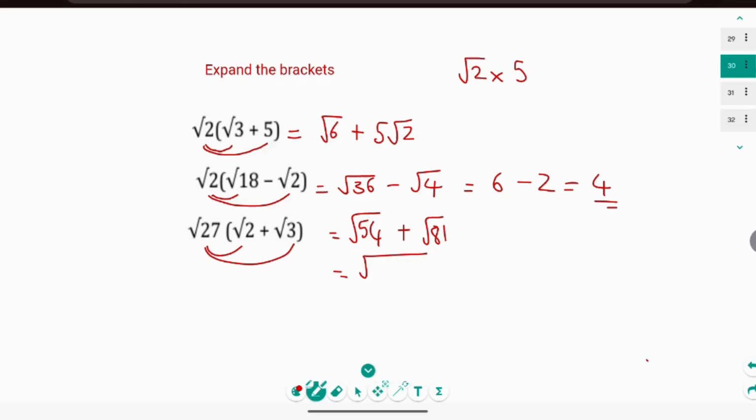So I can split 54 into the square root of 9 times 6. Square root of 81 is 9. Let's just split this up into root 9 times root 6. Square root of 9 is 3. Can't square root 6, cannot simplify, so 3 root 6 plus 9, final answer.